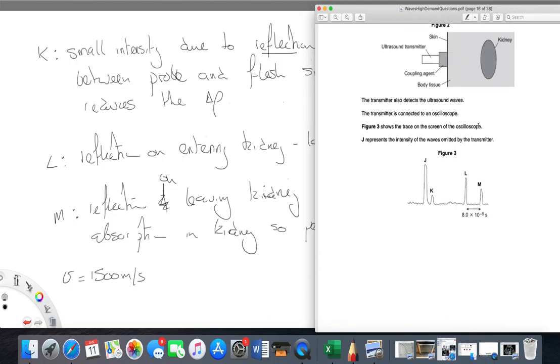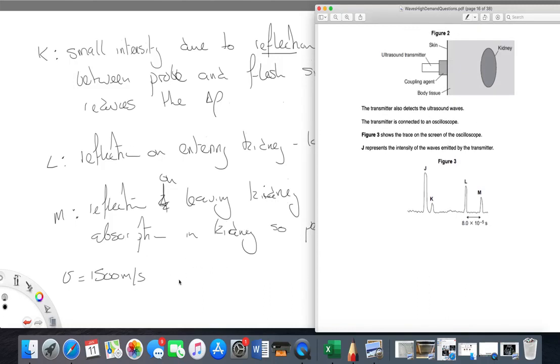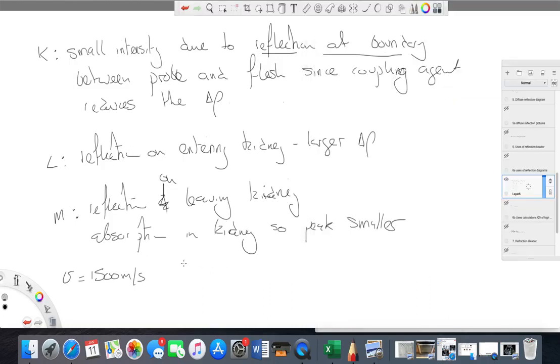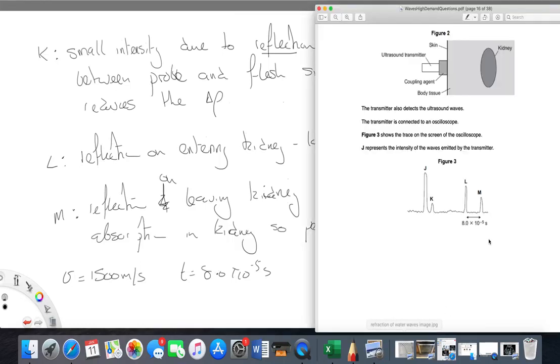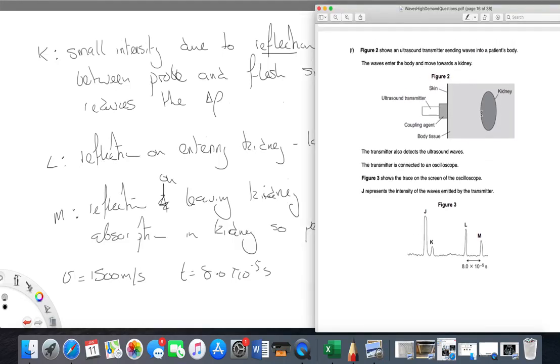We know that the time is 8 times 10 to the minus 5 seconds. And that is the time it takes for the sound wave, the ultrasound, to go from here to here and back. So that time is the time it takes to cover twice the width of the kidney.